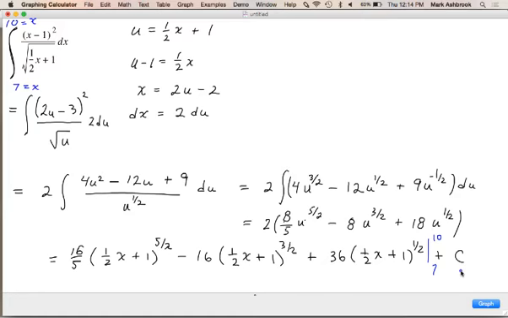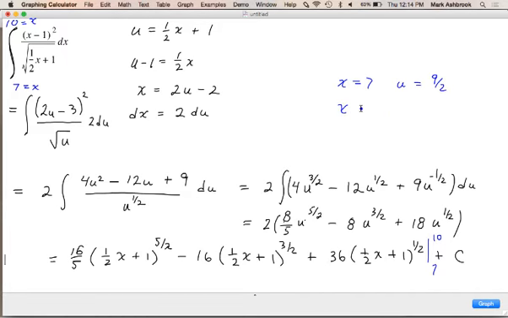But there's a different option now if you have a definite integral. We have this definite integral in terms of u. Does u go from 7 to 10? When x is 7, u is 9/2, is that right?